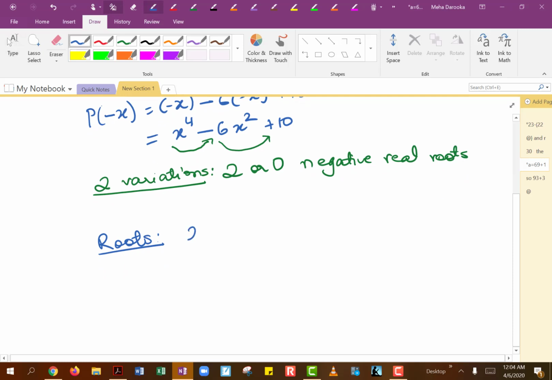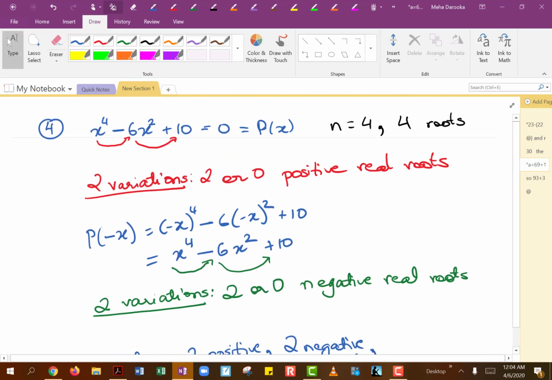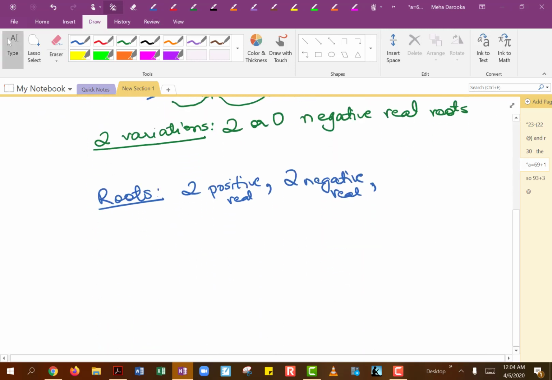So that means we can have 2 positives, and again these would be our real roots. We can have 2 negative real roots, and since 2 plus 2 adds up to 4 and we should have a total of 4 roots, that means you have no room left for the imaginary roots. So 2 positive, 2 negative, 0 imaginary.